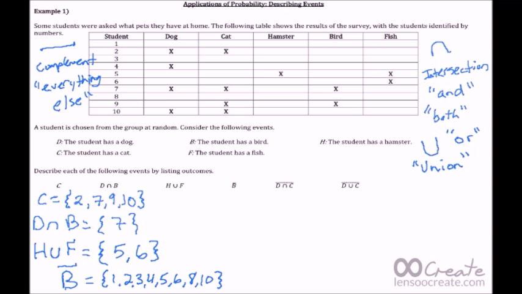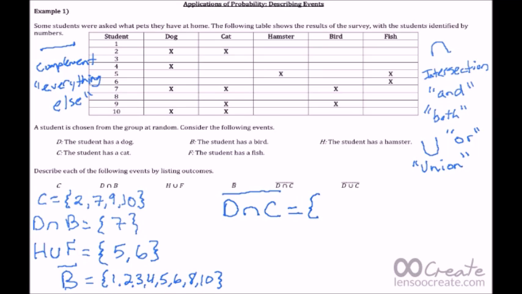Alright, next one we have, again, the complement symbol, but it's above D, and remember that's intersection, so it's event D, which is dog, and event C, which is cat. That line above it is saying we want everything else, that a student doesn't have a dog and a cat.